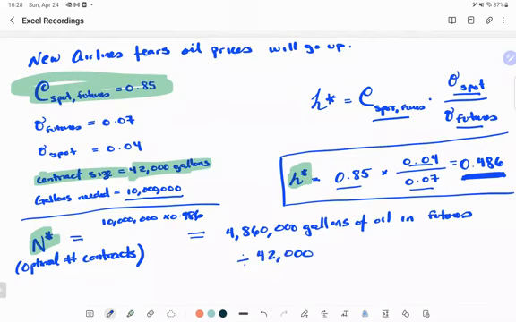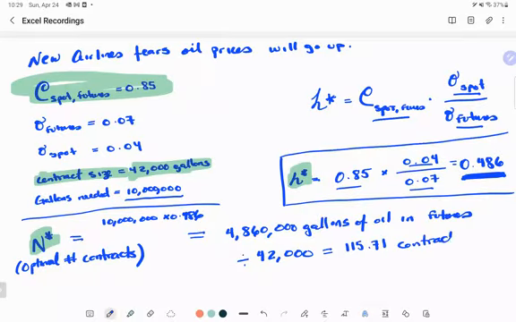So as you see, I prefer we're not even using the formula. I'll write it right now, and we will see that this is actually very straightforward. Basically, we will end up with, let me give you the exact number, 4,860,000 divided by 42,000 gallons per contract, then we end up with 115.71 contracts.